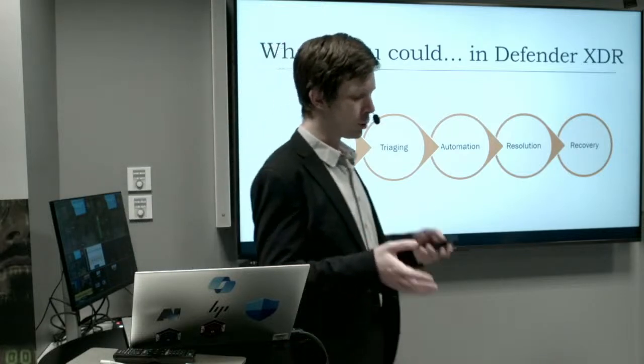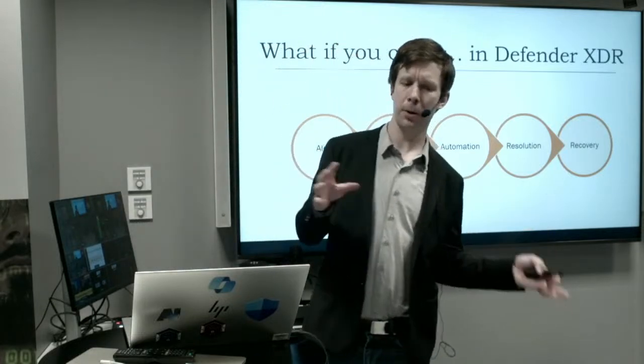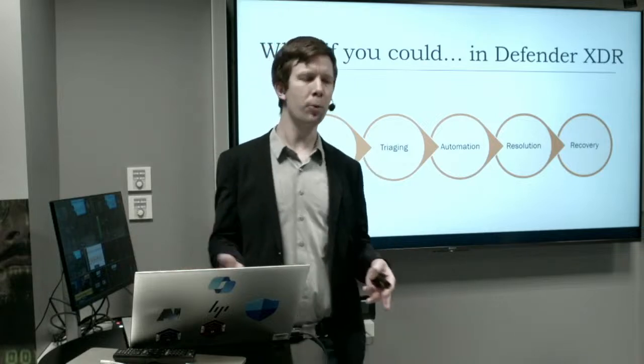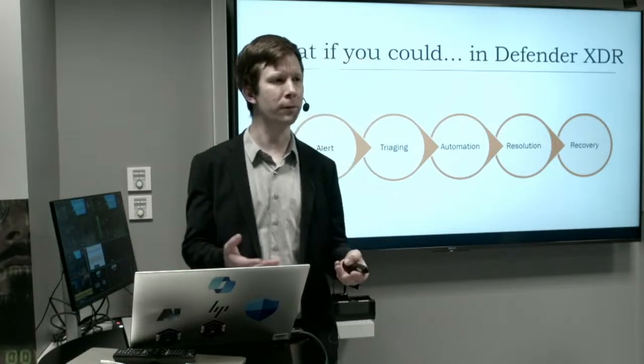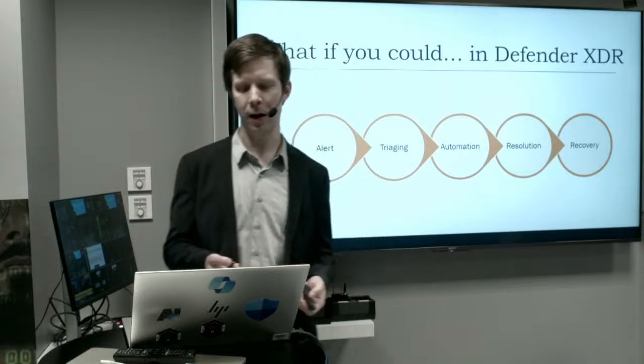But, okay, so we talked about Sentinel being part of Defender XDR. We know we can do some triaging, but I mean, we want to automate, right? We want the stuff to manage itself, by itself.